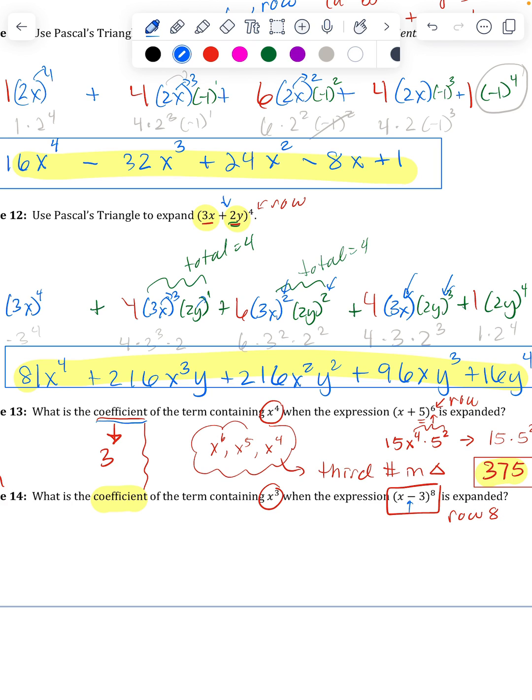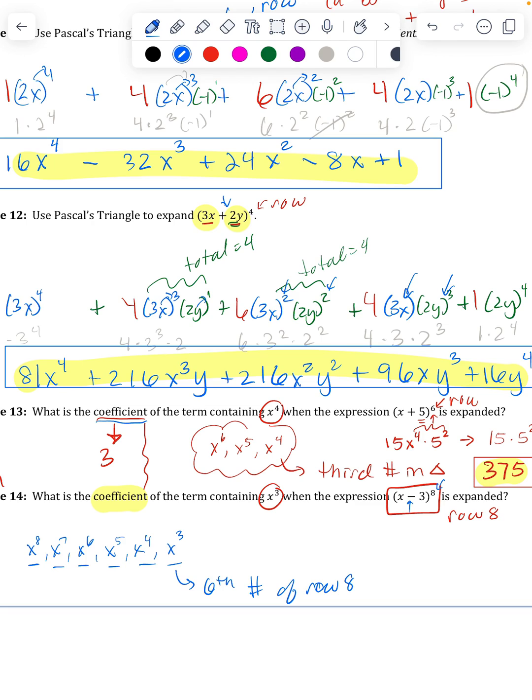If this one is row 8, the first term would have an x to the 8, then 7, 6, 5, 4, and then finally 3. So we're going to be 1, 2, 3, 4, 5, 6 numbers into that row. So we need the 6th number of row 8.